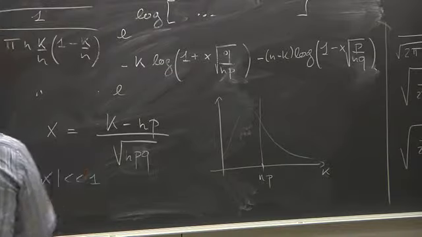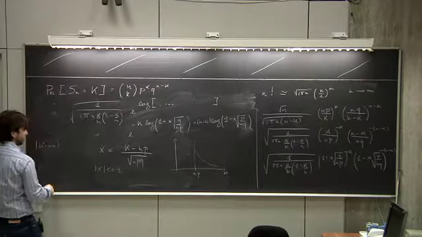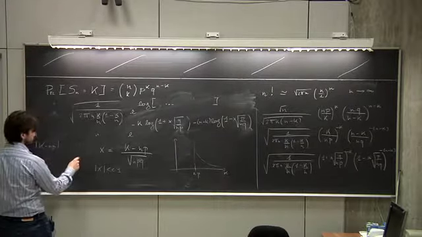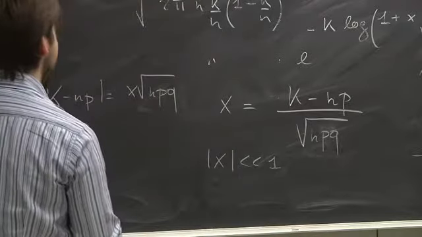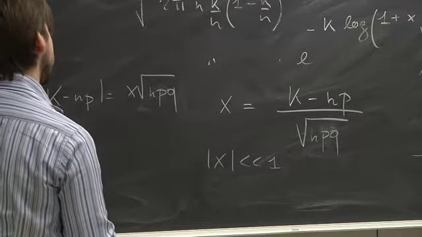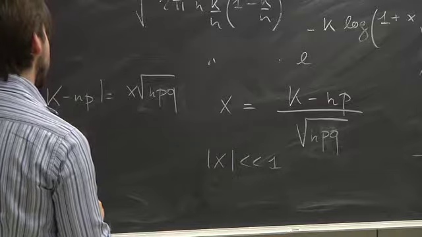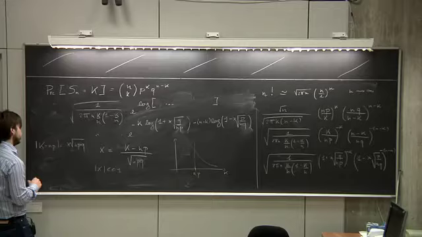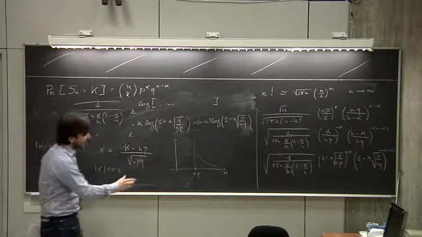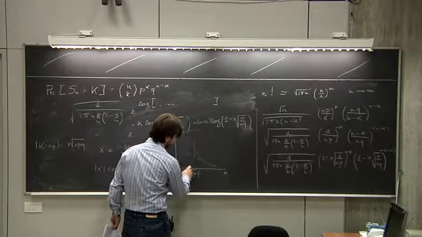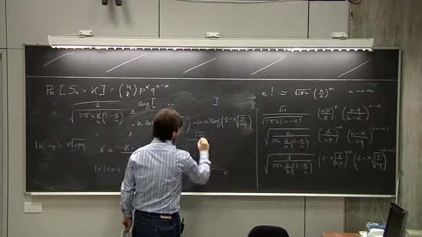Which means that k minus np, which is equal to x times square root of npq, can be larger than, I mean, the typical distance can be larger than, let me say, square root of npq, right?